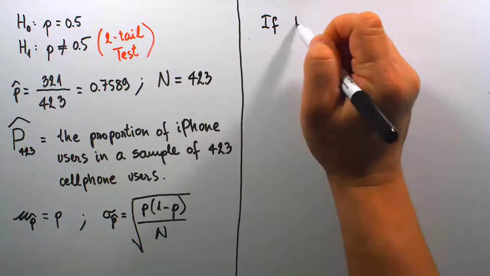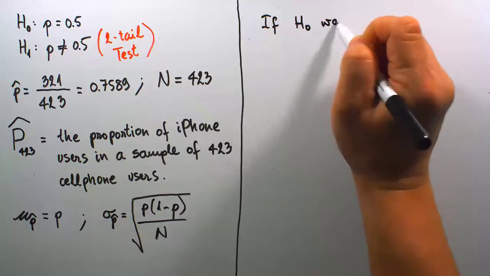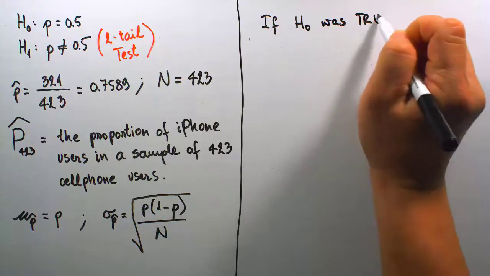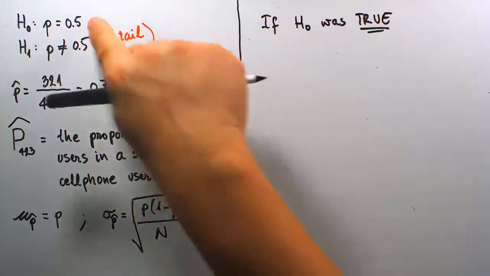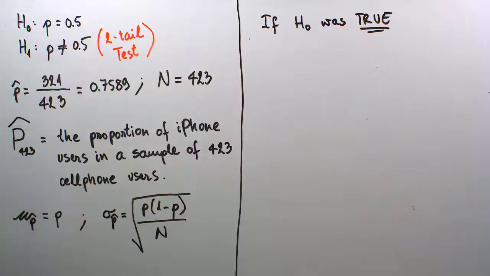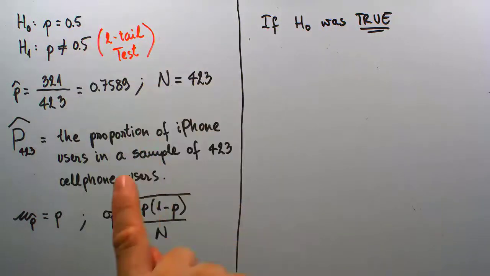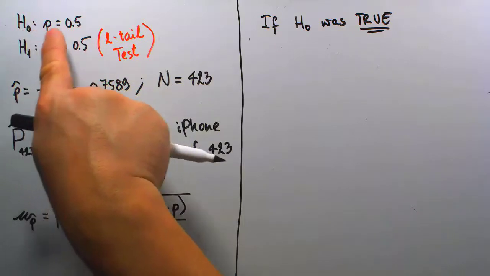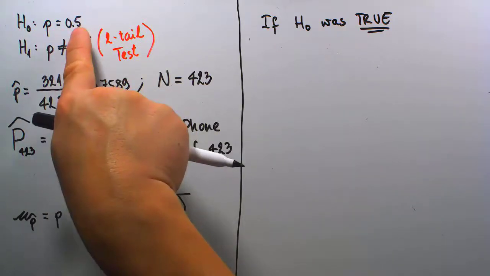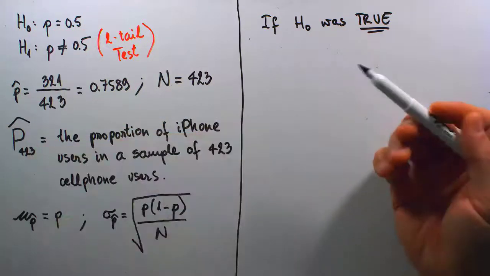If H sub 0 was true, we're starting out by accepting the value that's being claimed in the null hypothesis. And accepting it means for now we're pretending that our population proportion is truly 0.5. And then let's find out what's going to happen.